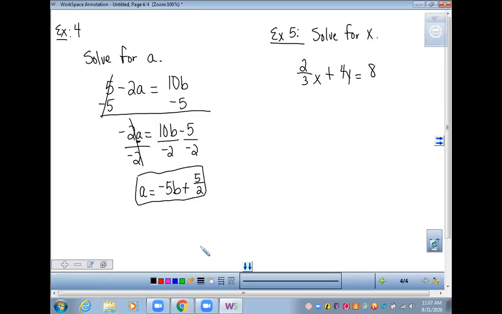Trying to get the x by itself. What do you suggest we move first? I don't know what the question is in the chat, but if you can unmute yourself and ask it, because it's too much for me to try to get the chat up.